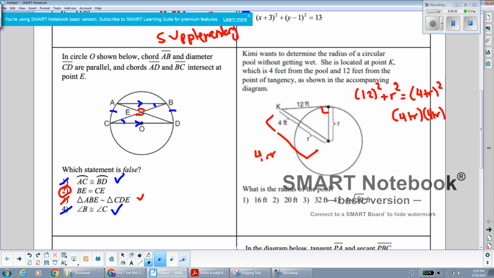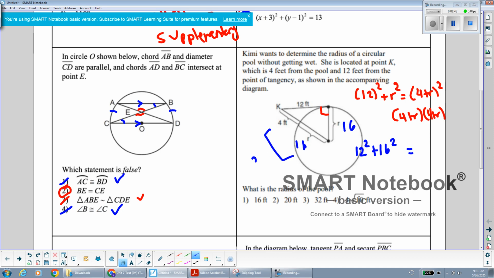So what I'm going to do instead is use the answer choices to help me out, because I do know it's a right triangle, and I do know that I'm looking to satisfy the Pythagorean theorem. So I'm actually just going to try the answer choices. 16, let's check it out. 12 squared plus 16 squared should equal 20 squared.